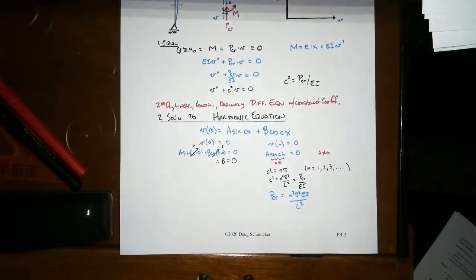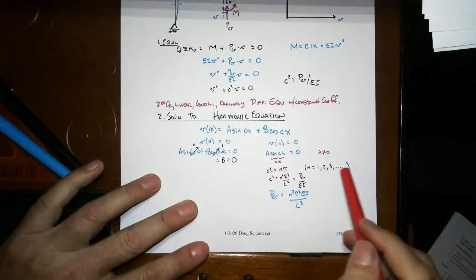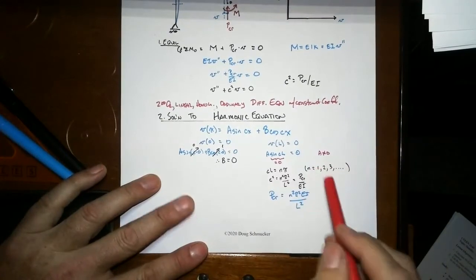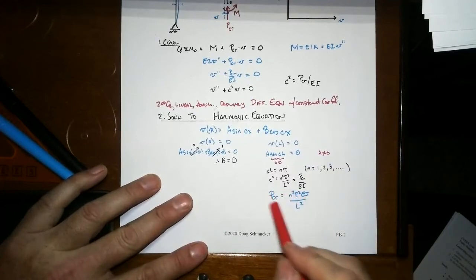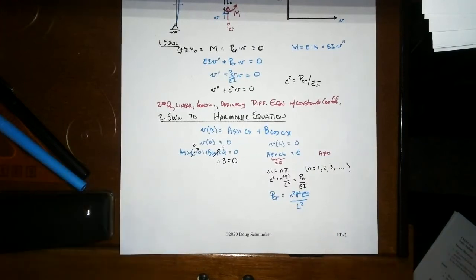Now that might be the end of it, but wait a minute, what's the value of n supposed to be? Well, consider that n equal 1, 2, 3, all the way up to infinity would be all possible answers, right? But as n gets larger, the critical load value, the buckling load, would also get larger. But this is sort of a weakest link thing, right? You don't start with loads on a system that are super large and get smaller.